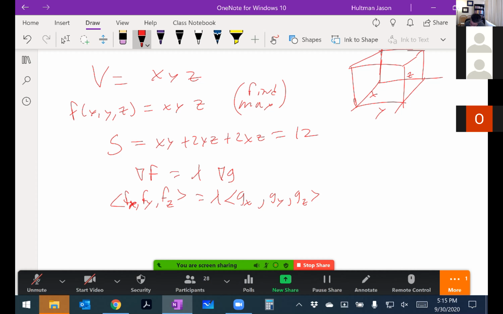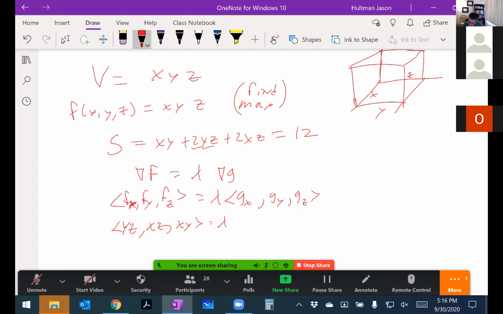So yes, it's YZ. Okay, what's F sub Y? XZ. What's F sub Z? XY. Boom, done. What's G sub X? Well, G sub X is going to be 2Z plus Y, or Y plus 2Z, because this thing doesn't have an X. There's no X in the second term.